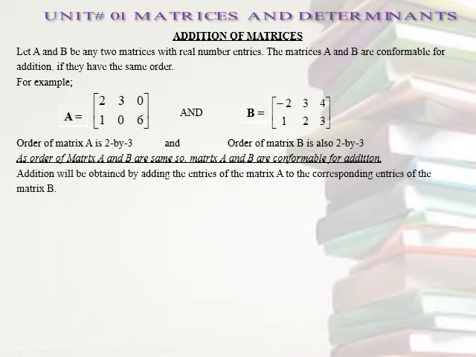Addition will be obtained by adding the entries of the matrix A to the corresponding entries of the matrix B. This is how we add matrices.